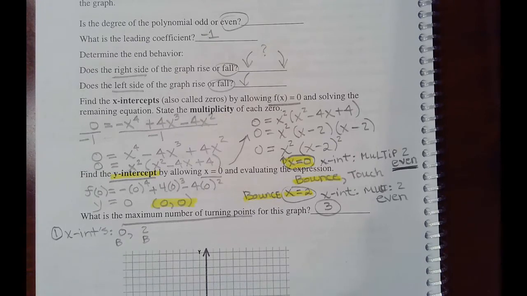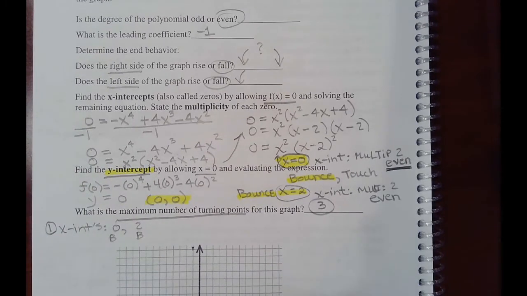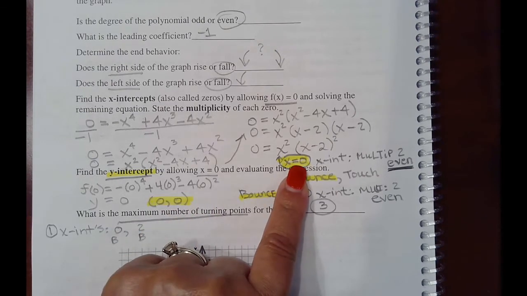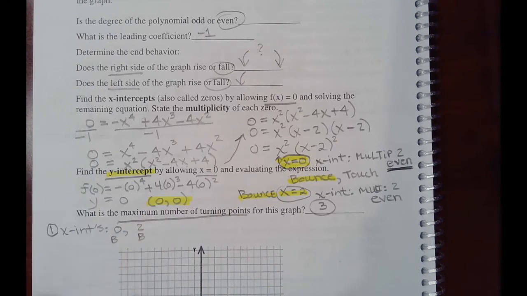Okay, so as I go from these ends and approach these points, don't forget to also put the y-intercept, but you can see from our work that the y-intercept was just 0. So by us putting this x-intercept, it really served as the y-intercept also.